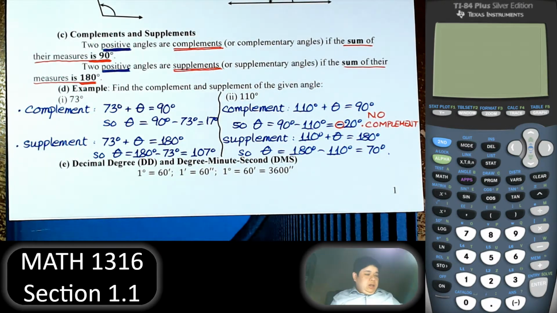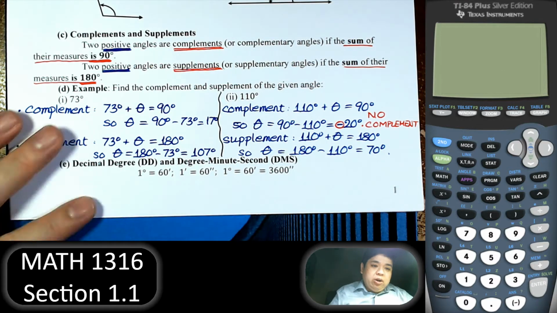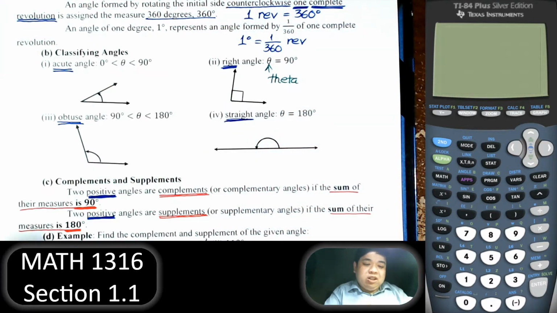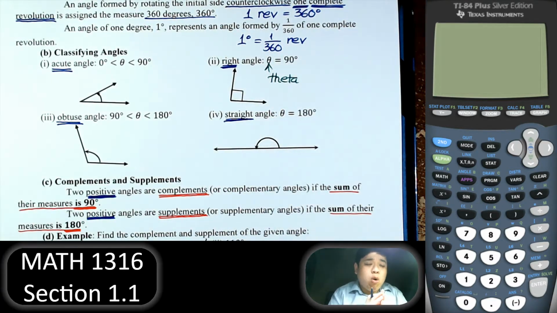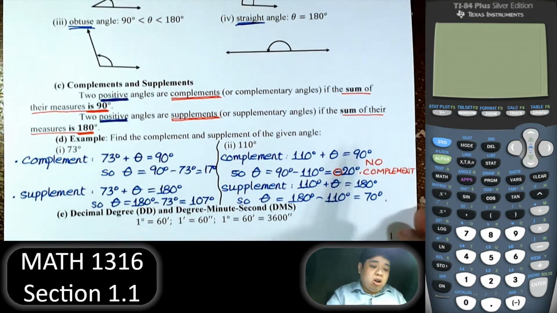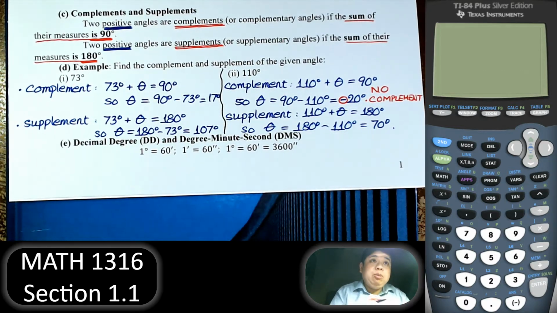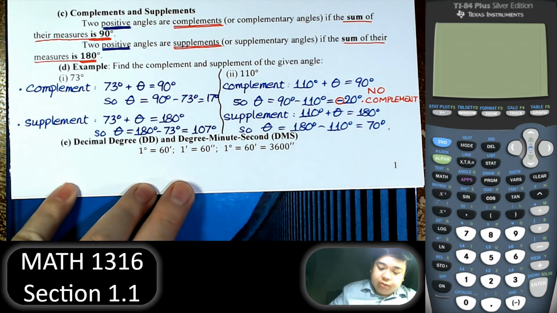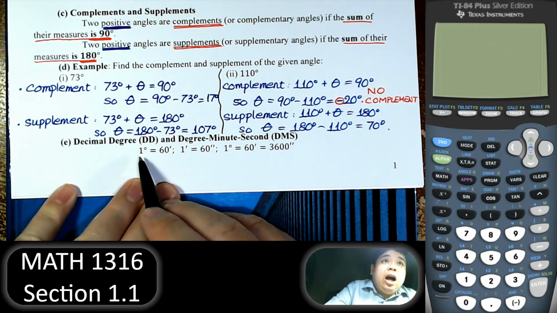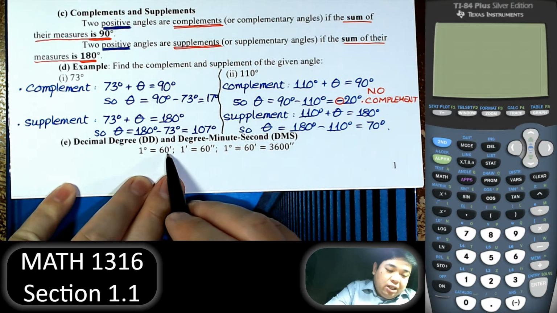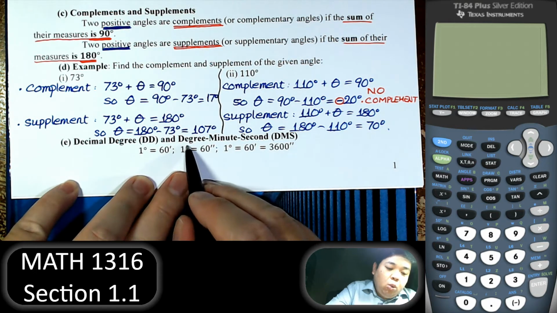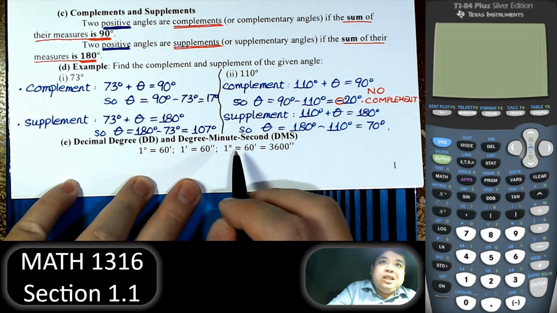So we have 1 degree equal to 1 over 360 of a revolution. It's kind of small already. However, sometimes it's not small enough. If we want to be even smaller, we say 1 degree is equal to 60 minutes, and 1 minute is equal to 60 seconds.